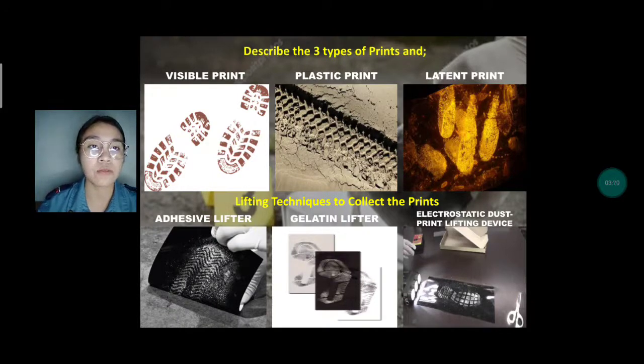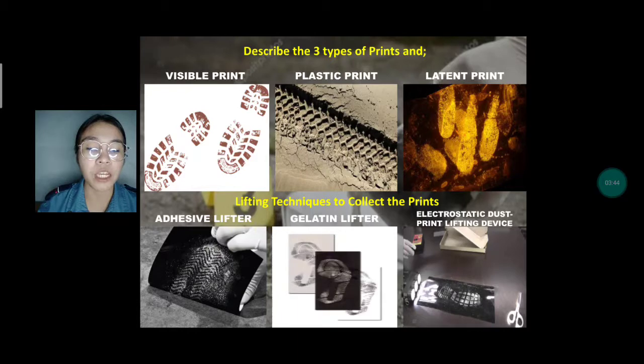So, let's move forward to the lifting techniques to collect prints. Meron po ulit tatlo, which is adhesive lifter, gelatin lifter, and electrostatic dust print lifting device. So, ano po ba yung adhesive? It is a heavy coating of adhesive.